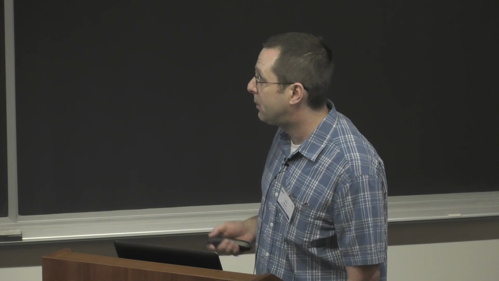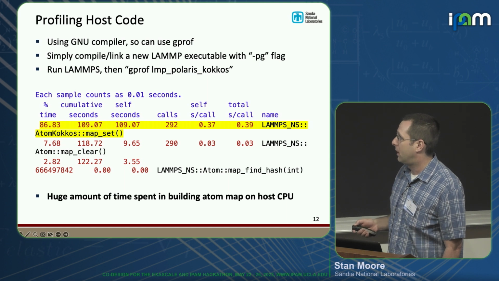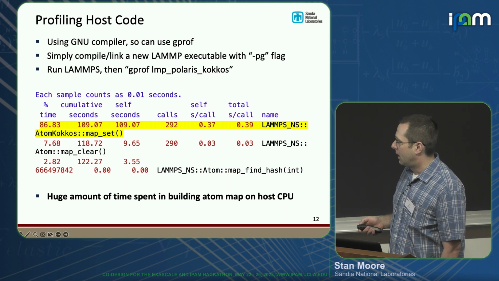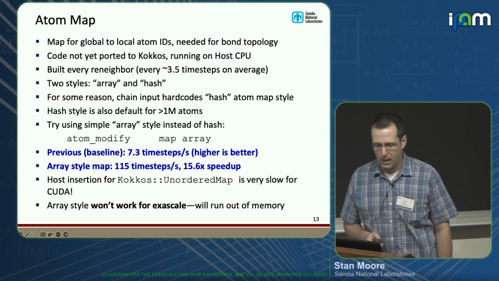So if we use the CPU profiler, gprof, it's very simple. We just compile a new executable with the -pg flag, rerun, and then we use gprof on the executable. And this shows that we have an enormous amount of time in the atom map. So what is the atom map?